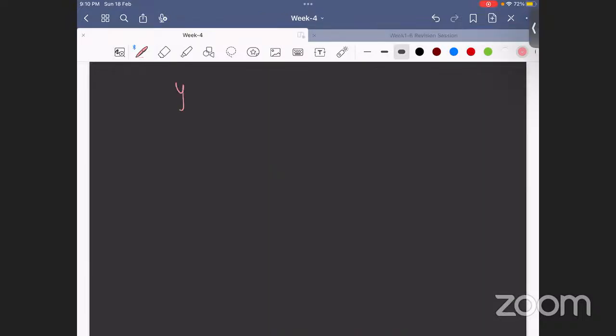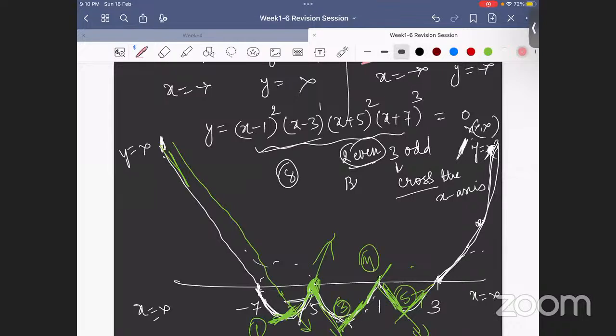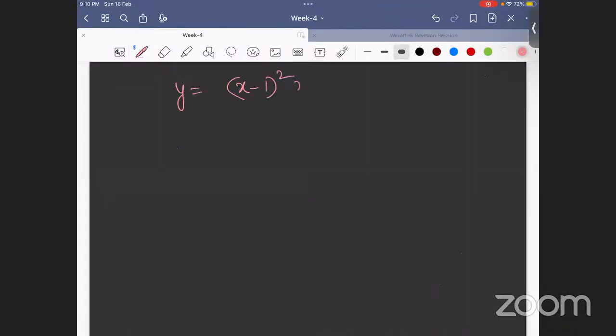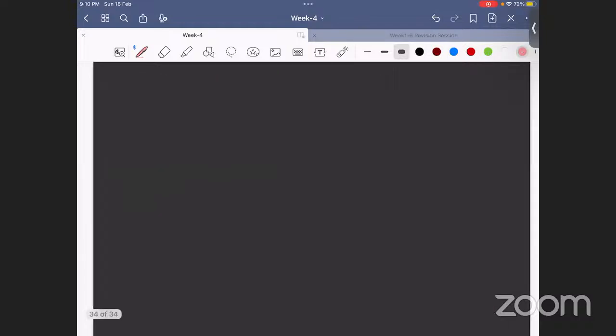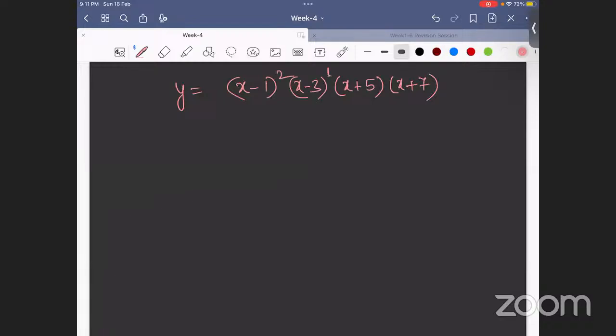This one, y equals x minus 2 whole square. The multiplicity is... okay. This is the polynomial that has been given to you.